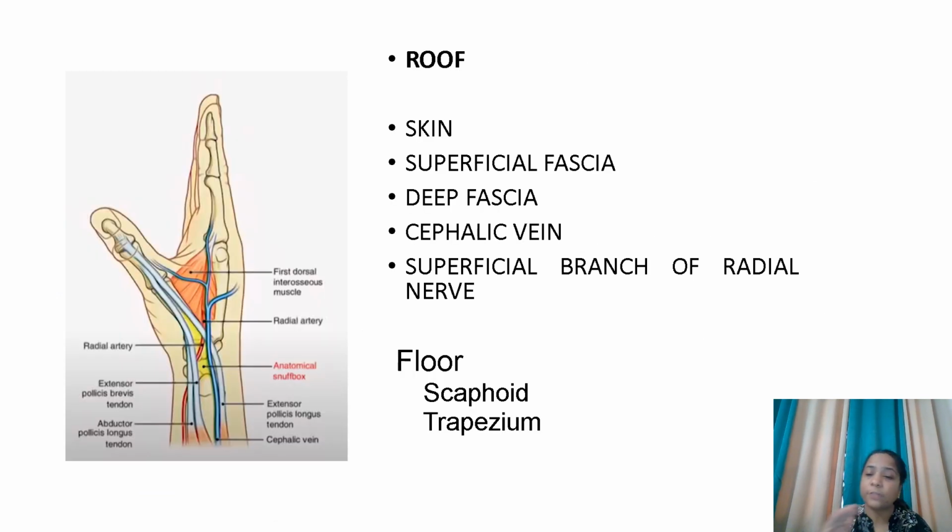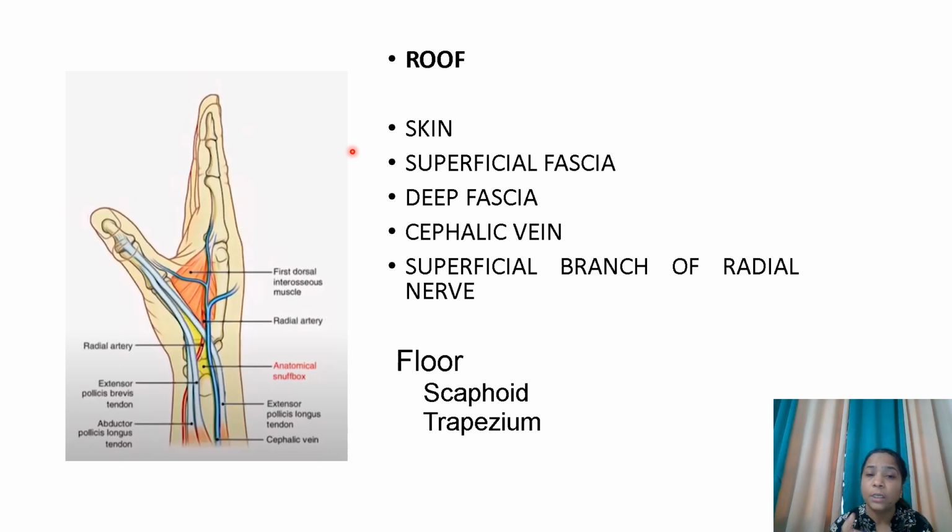It has a roof, and it has a floor. If you see, this is the roof of the anatomical snuff box. The roof comprises skin, then underneath the skin you will find the superficial fascia, and once you separate the superficial fascia, you will find the deep fascia just beneath it.